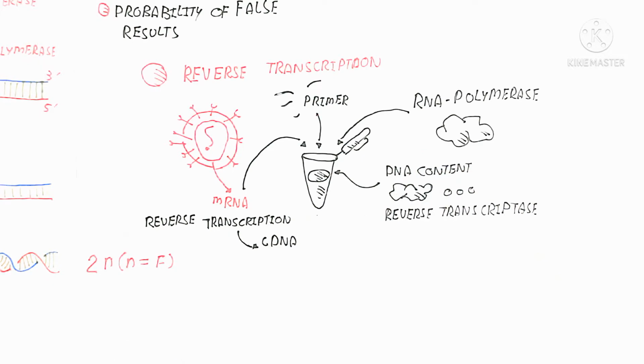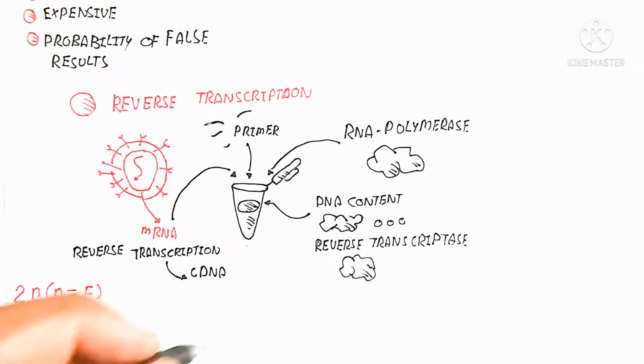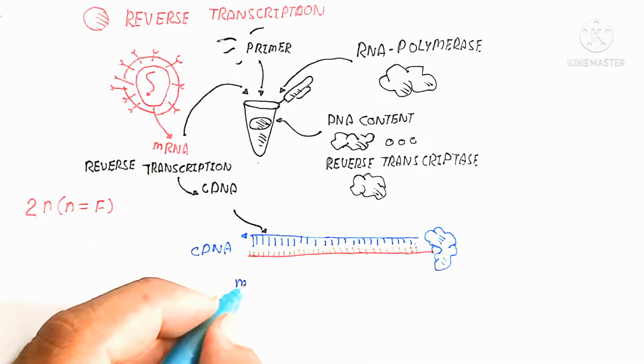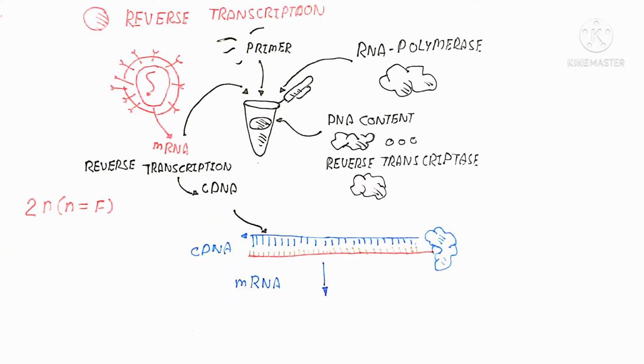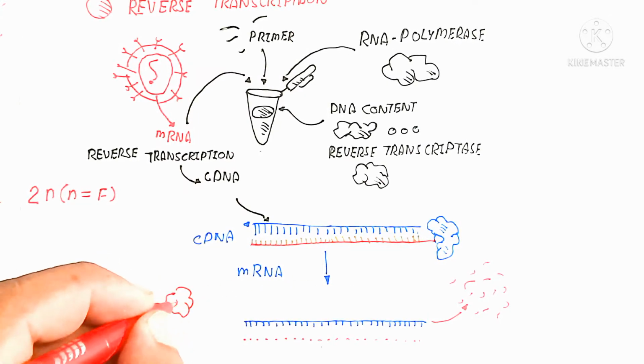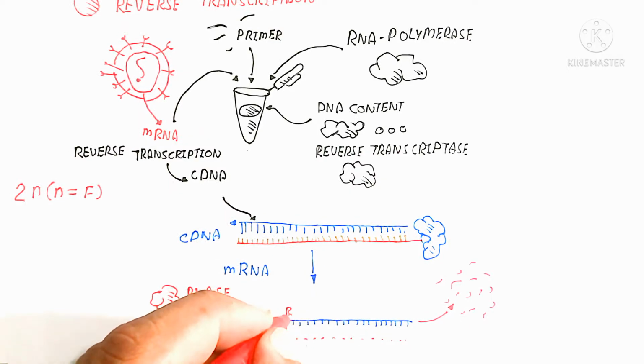So after adding these, we run the PCR. After running the PCR, complementary DNA will be formed. RNase enzyme is used to break down the parental RNA.